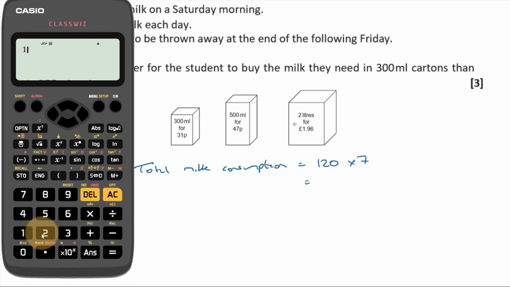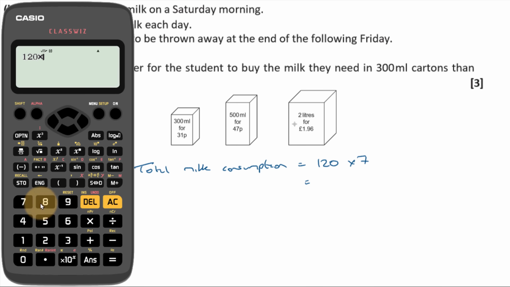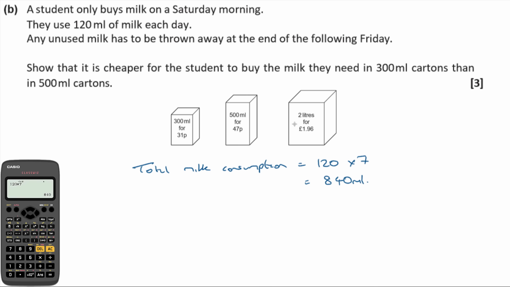So 120 times 7 comes out to be 840 millilitres.